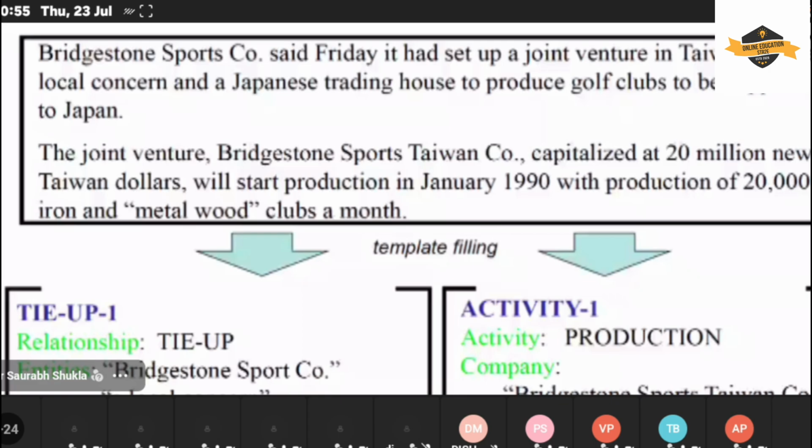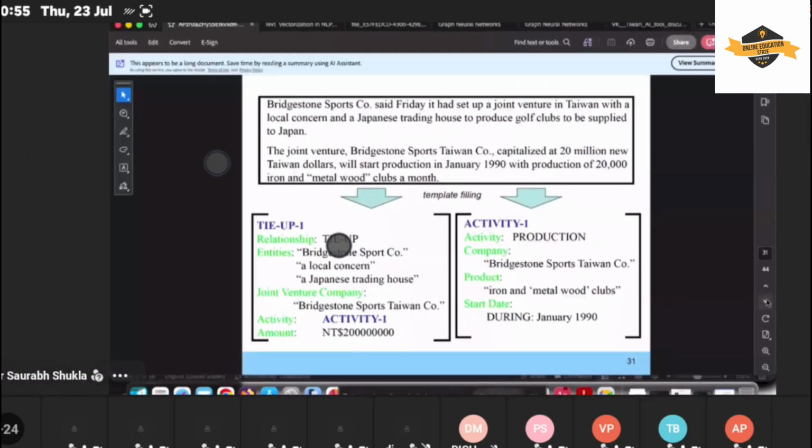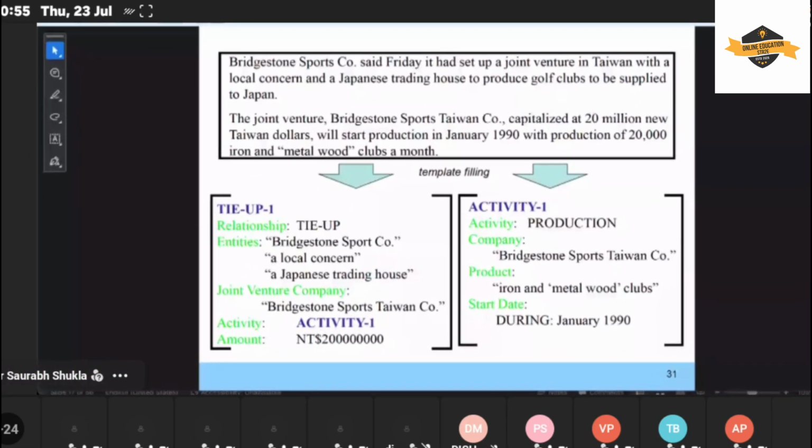Then there is also one example of a particular paragraph, starting with Bridgestone and ending with a month. In this paragraph, how are you going to translate this English paragraph, for example, into Hindi?